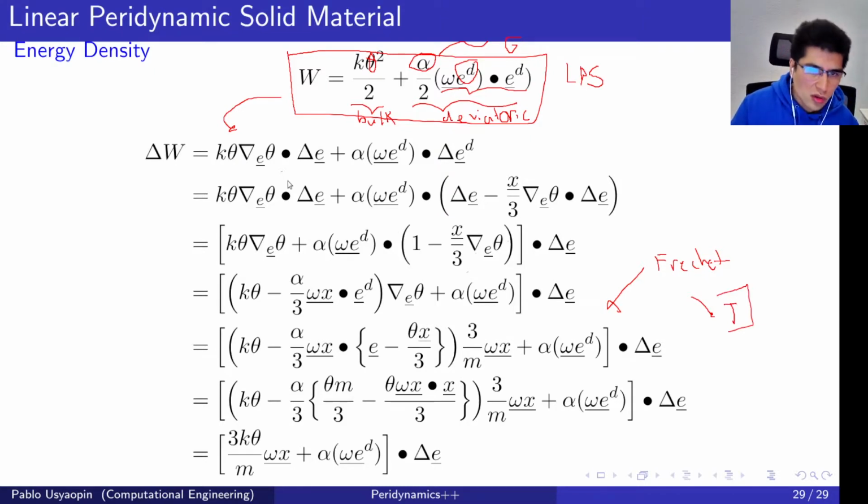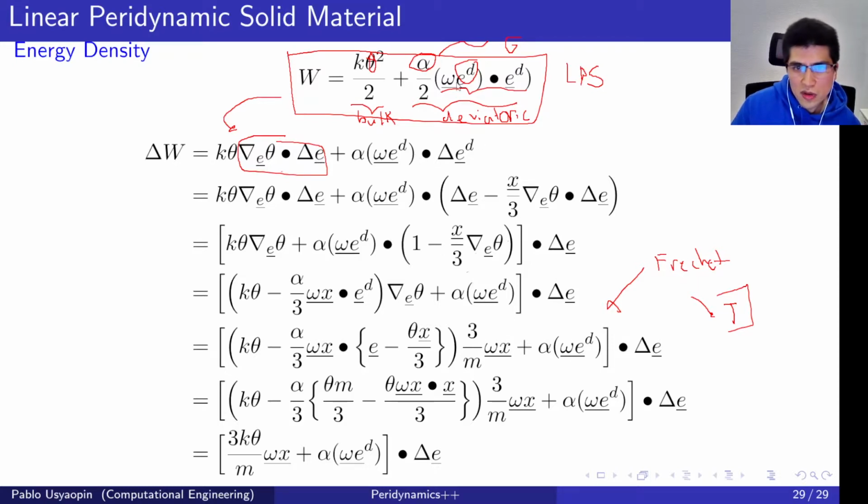I will not go deeper into all the details about this substitution, so if you want, you have the slide here and you can have a look. But the important thing is that here you apply the derivative of theta, because theta is squared, the 2 with the 2 cancels, then you apply the increment, and we know that the increment of theta is defined as the Frechet derivative times the increment.